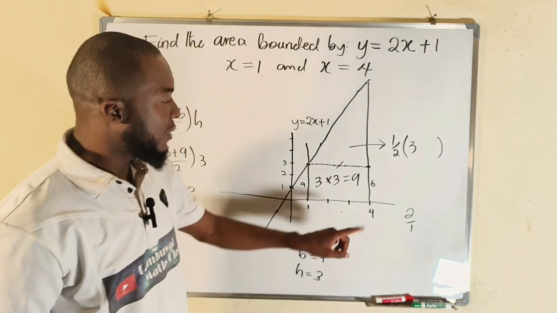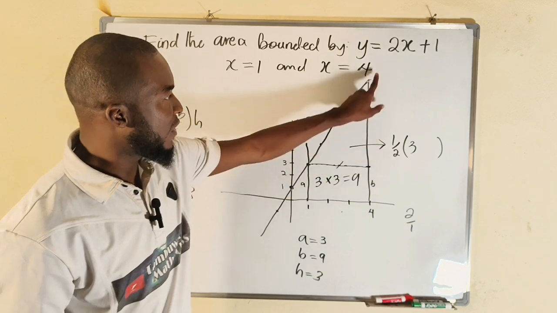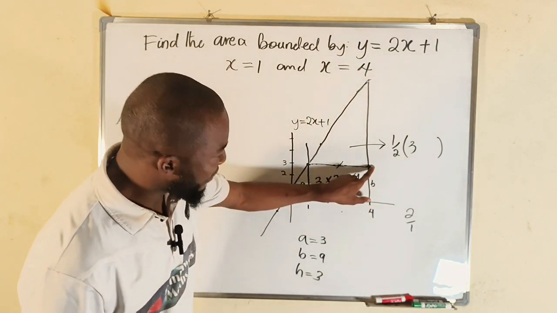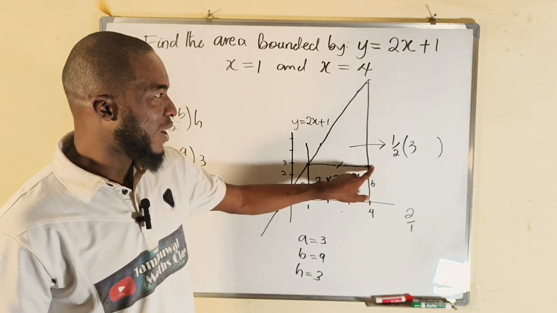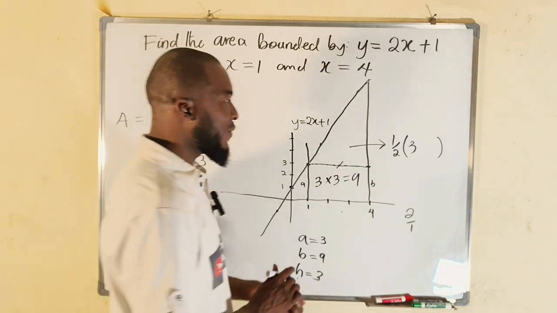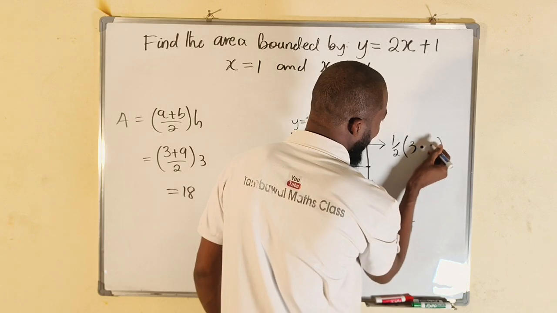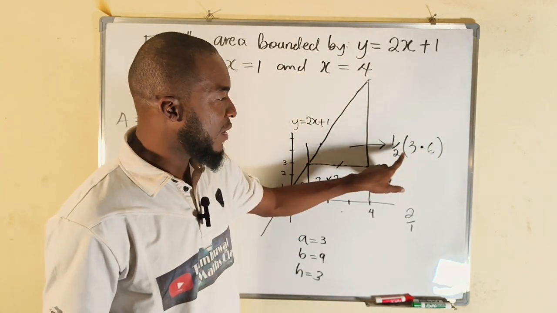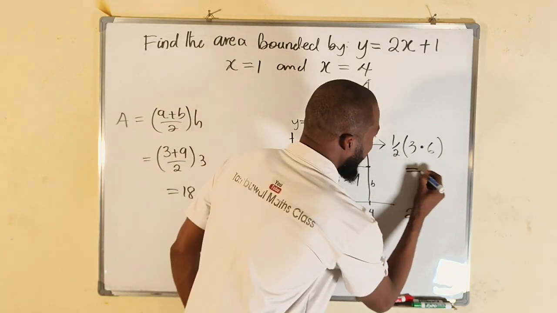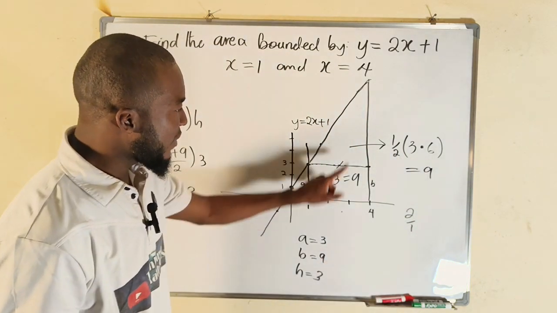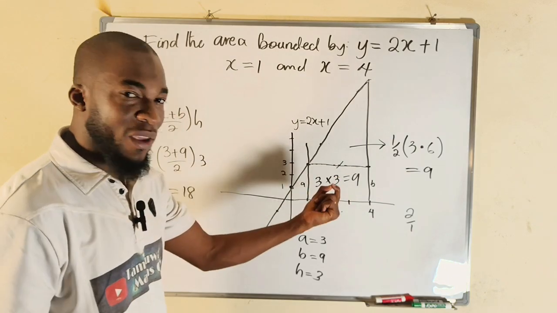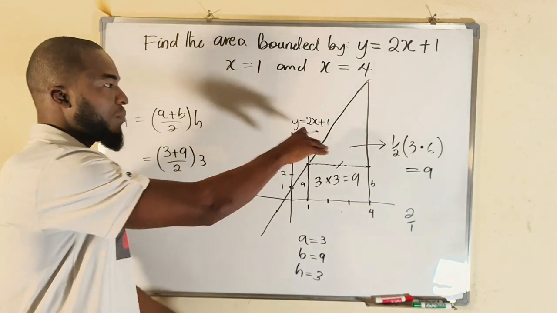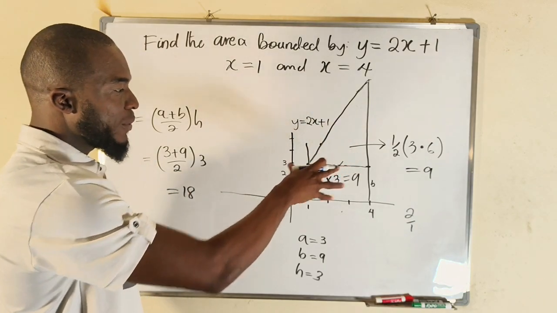Already we have seen that from this to this is equal to 9 from here, right? But we know that from this to this is 3. So you can just subtract 3 from 9 and it will give us 6. So we are multiplying by 6. 3 times 6 is 18. 18 divided by 2 is 9. So can you see the two areas, 9 and 9, making what? 18.